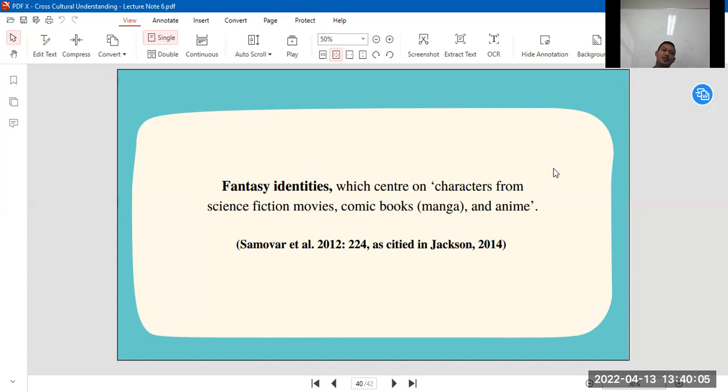There are a lot of countries doing these things. They have this fantasy identity. They make groups, for example, certain animation and cartoon lovers. So they have their identity. They try to keep their identity anonymous and they change it with the fantasy identity.